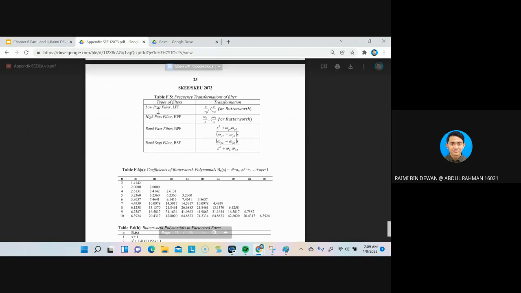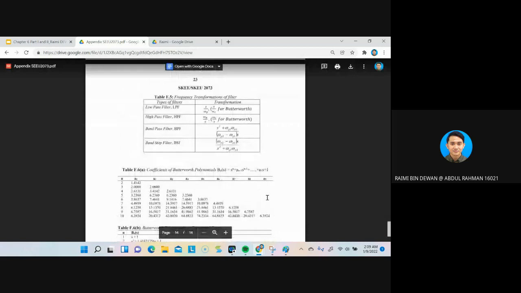So if it's for Butterworth, it is S over omega C, and if it's for Chebyshev, it is S over omega P. Not sure if you guys understand.